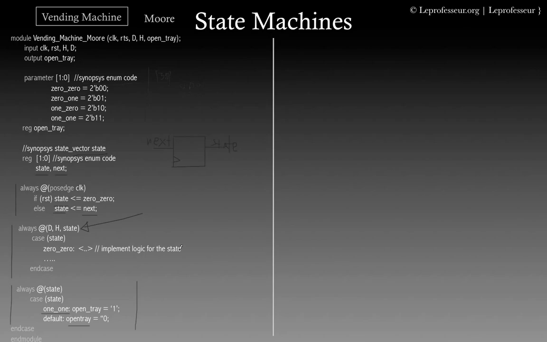Now, here we have used three always blocks. Always remember that registration of your states or memory elements, try to do in one always block, and all your combinatorial logic or state decoding logic, and your output logic if you are using a Moore machine, in another always block. That way your code is cleaner, the tool will understand it in a clean way, and you will not get further problems in synthesizing larger, bigger circuits or even smaller circuits.